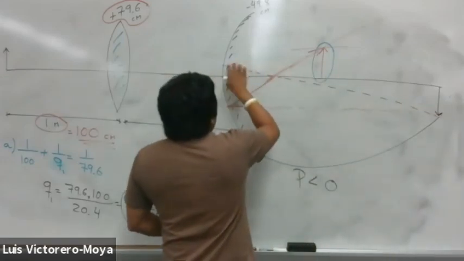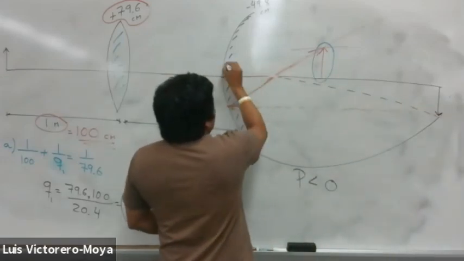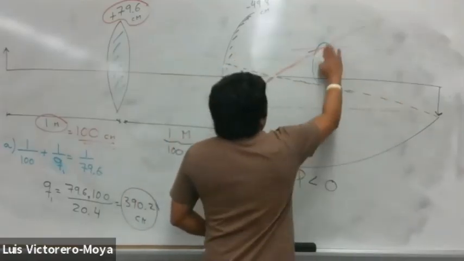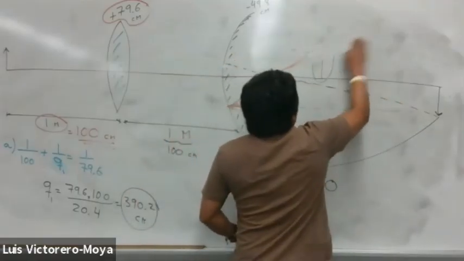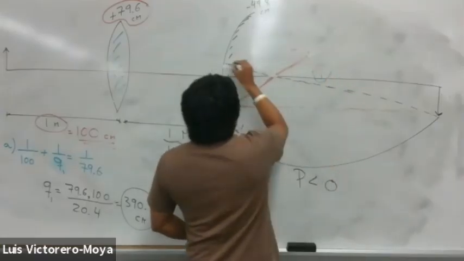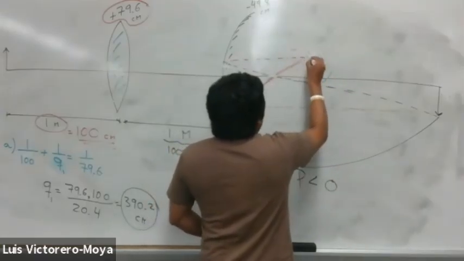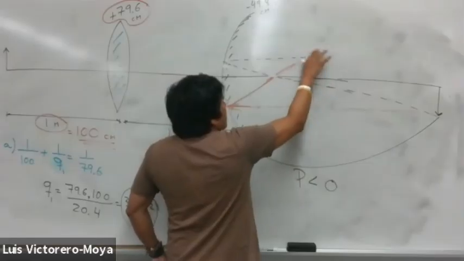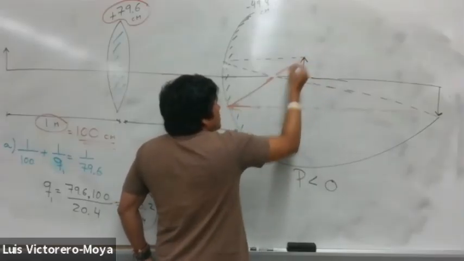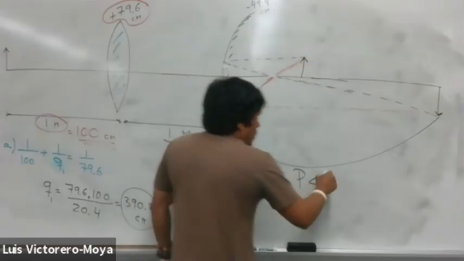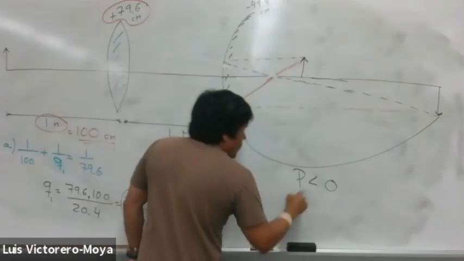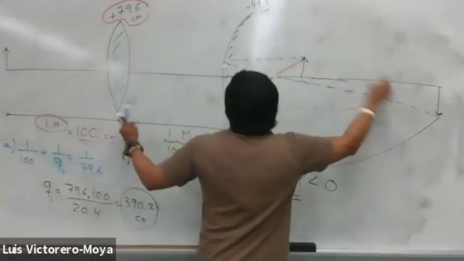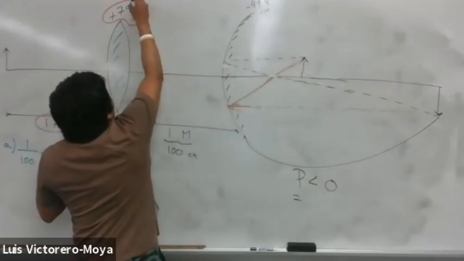But that's because of how this works, so this probably should be more like this. Like this and then like that. So the object here, this P, which is negative, was 390.2. So let's put it here.